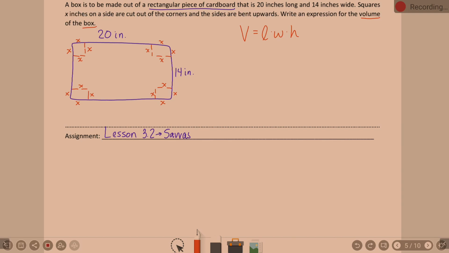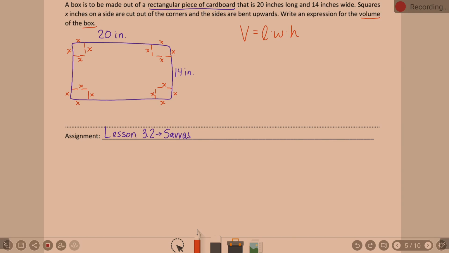So would it be like 20 minus x squared? Or would it be 2x? Wait, no. I feel like it's 20 minus 2x times 14 minus 2x times whatever.